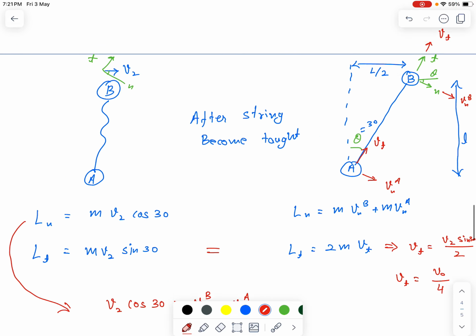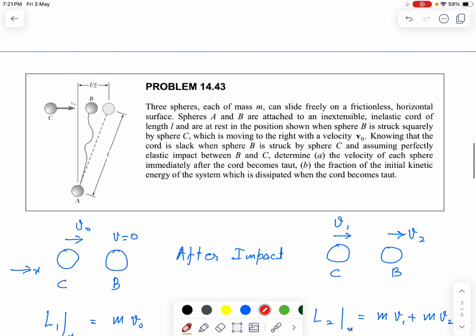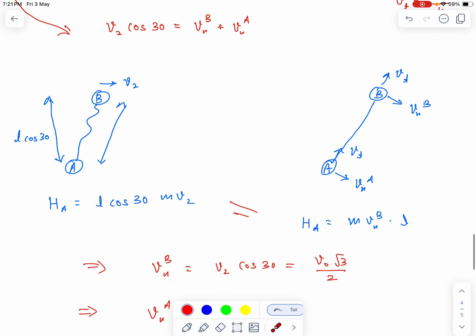Now the next question in the problem is the fraction of kinetic energy of the system which is dissipated. So let me write the kinetic energy.